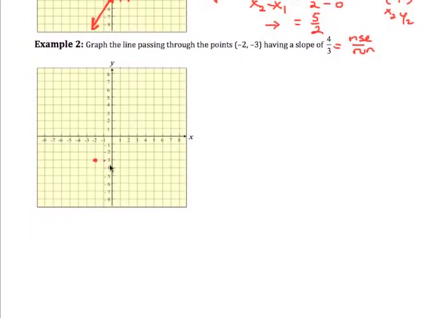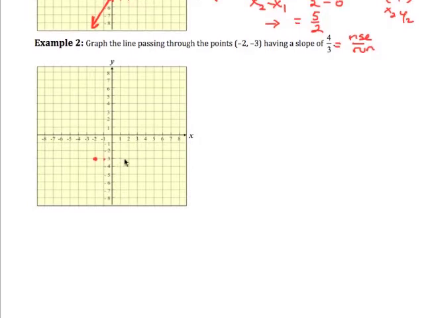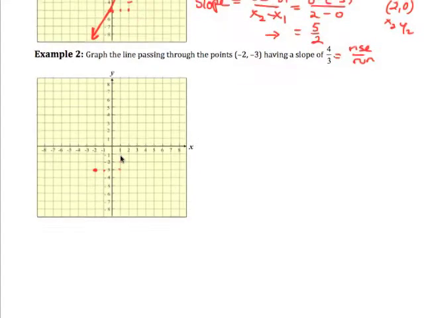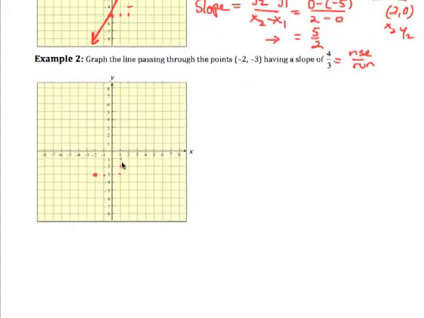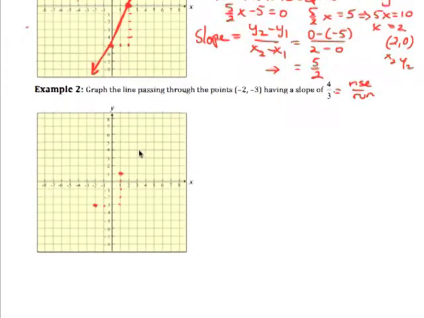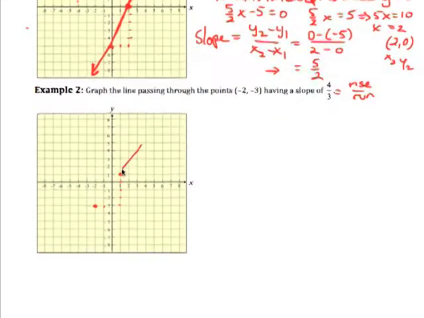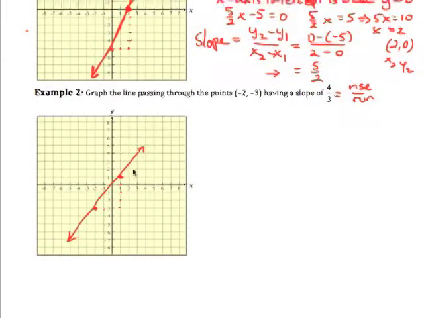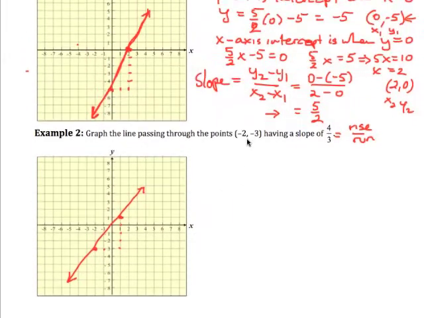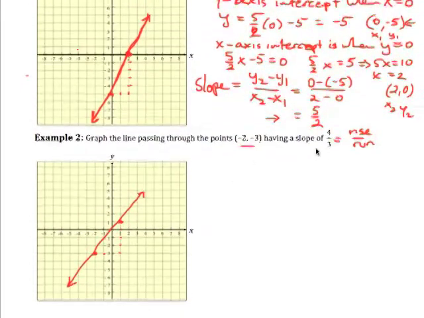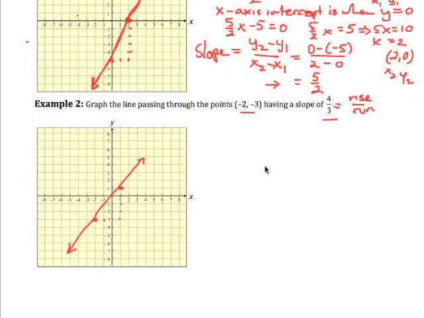So here's 1, 2, 3. So there's the 3. Now we're going up 4. 1, 2, 3, 4. There's my point. And there is my line. Okay, which is the line going through (-2, -3), having a slope of 4/3.